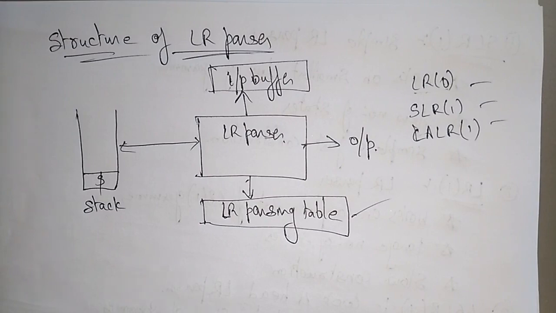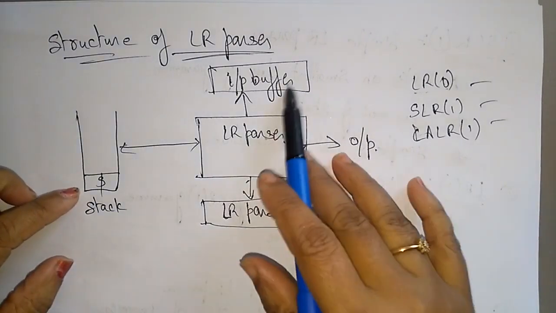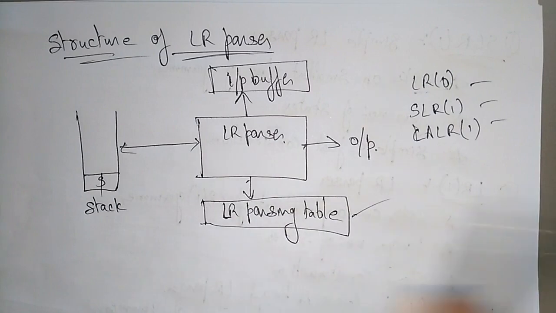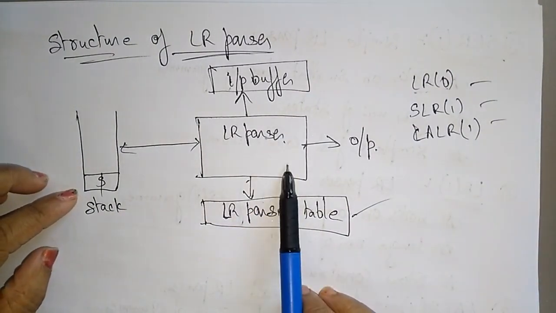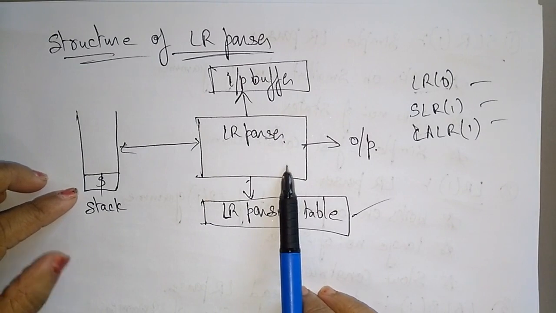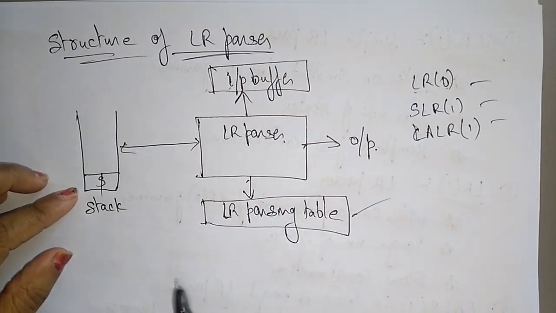So LR parsing algorithm requires a stack, input buffer, and LR parsing table. The stack and input buffer and LR parser algorithm are the same, but the only difference is the parsing table.